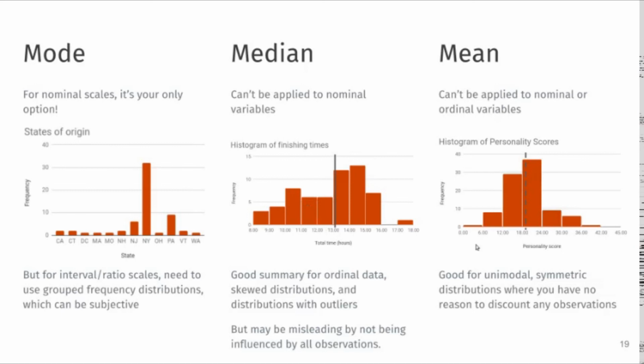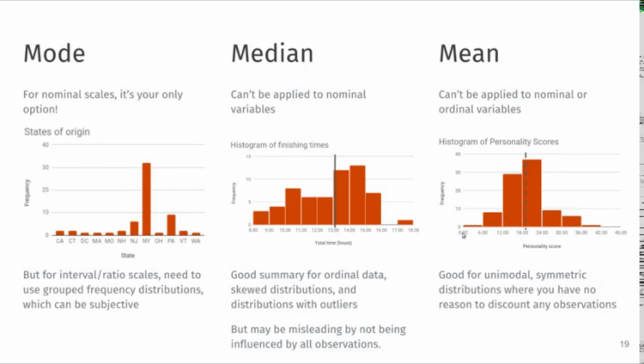But when we have data that looks like this, there's no obvious outliers, and it's a fairly large data set, and it's also computed using a personality test that has been tweaked and prodded for a long time. So for the data from this kind of thing, there's no reason to discount any one observation.